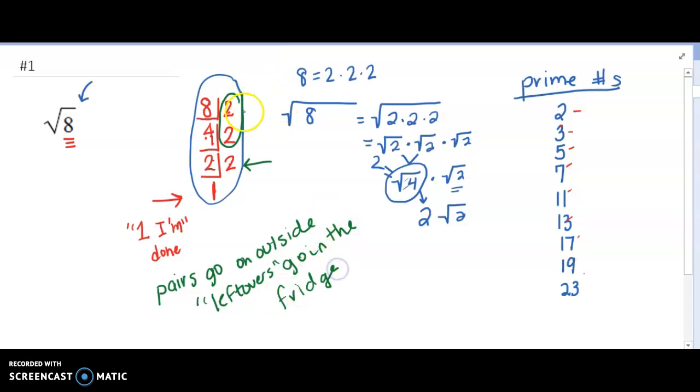What I mean by that is this pair here goes on the outside as a single 2. The leftover, which is right here, goes in the fridge. So the square root of 8 simplifies to 2 square root of 2.